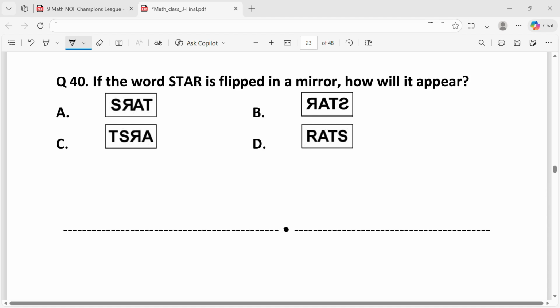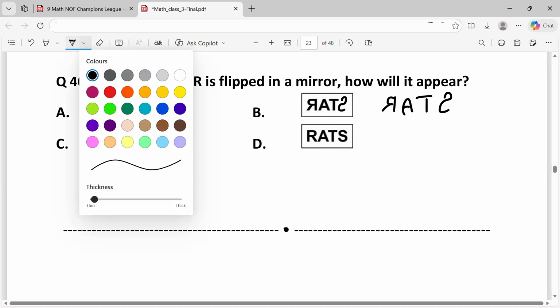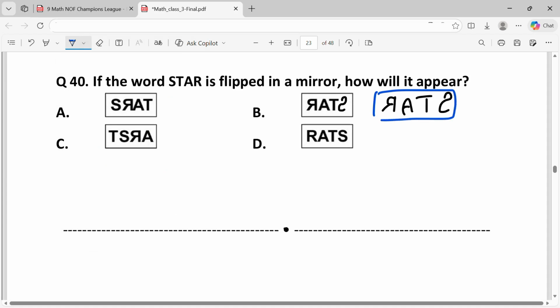So the letter S, when flipped in the mirror, will appear as S, then the T remains same, A remains same, and R, when flipped in the mirror, appears as R. Combining the reversed order, that is RATS, the answer is B.